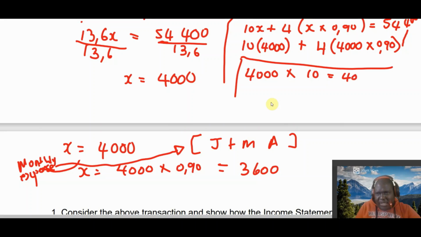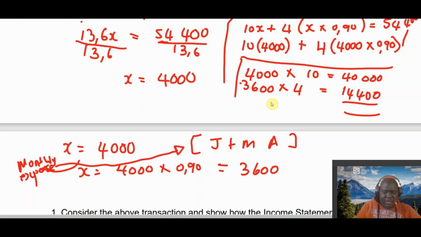So it will be 40,000, and then from there we'd have 3,600 multiplied by 4. 3.6 multiplied by 4 gives us 14,400, and then all this total, 40,000 plus 14,400, is equal to 54,400, right? So which means that we got the amount that we were looking for correctly.